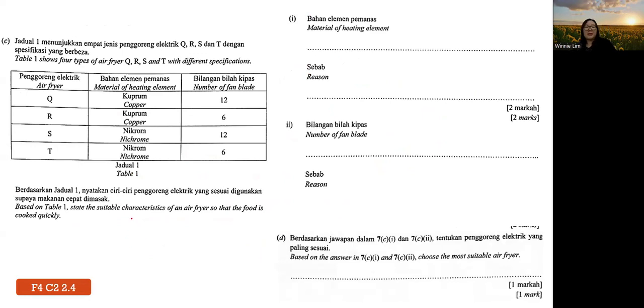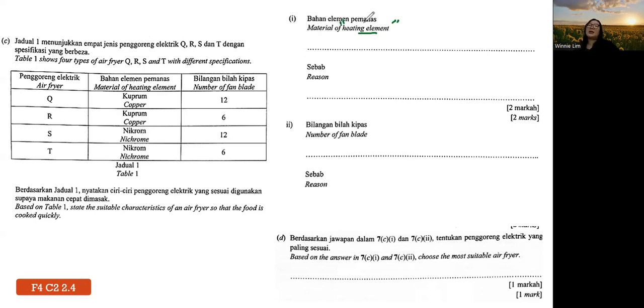Okay, C. Table 1 shows 4 types of air fryer, Q, R, S, and T with different specifications. Based on table 1, state the suitable characteristic of an air fryer so that the food is cooked quickly. Same idea as before, you need to choose first. Heating element: I will tell students, do not confuse the heating element with a good electrical conductor like cable.